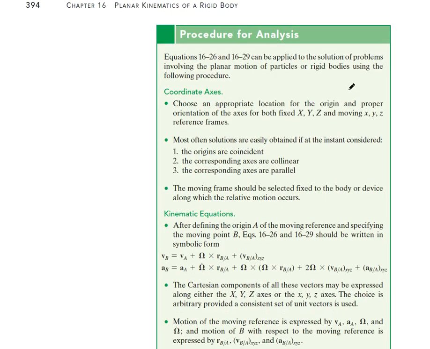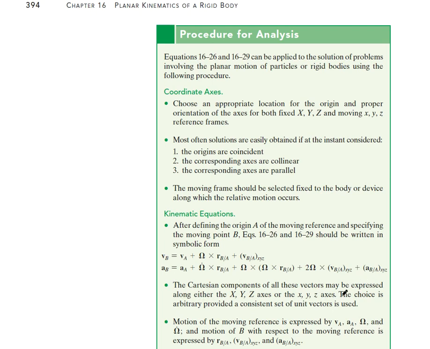Okay, so it's a procedure of analysis that explains the consideration in terms of choosing the reference, the moving frame, and then application of the two equations.